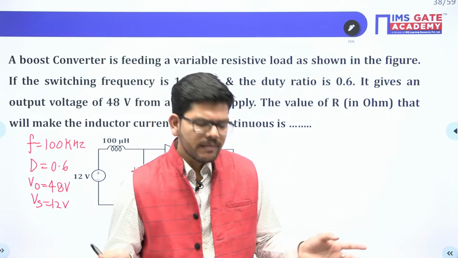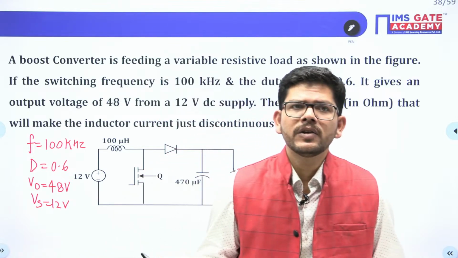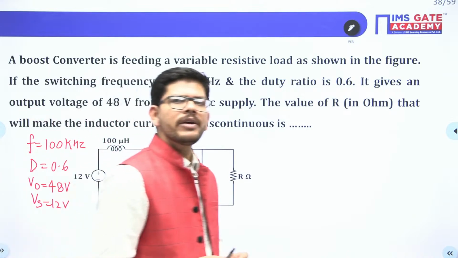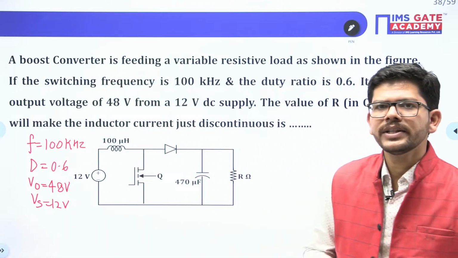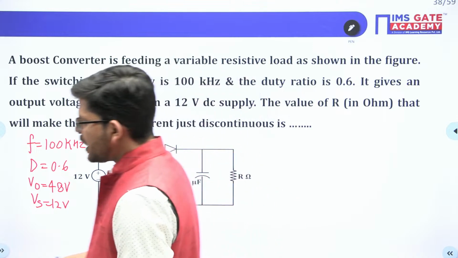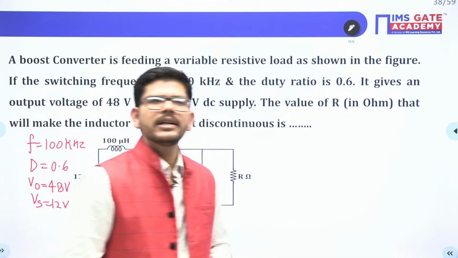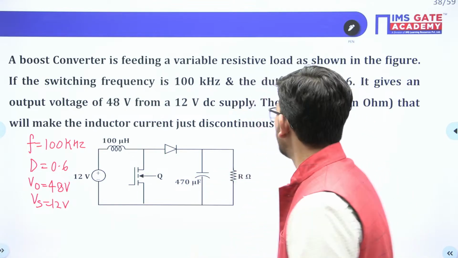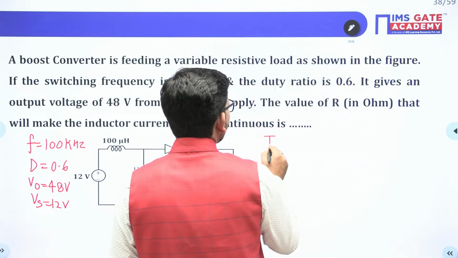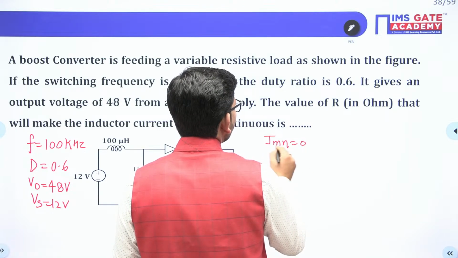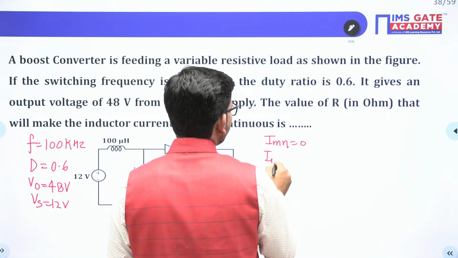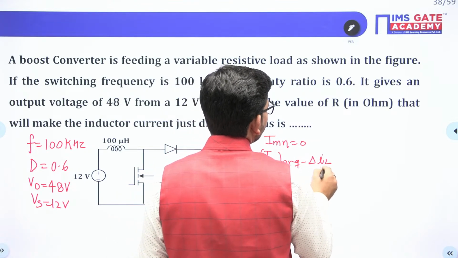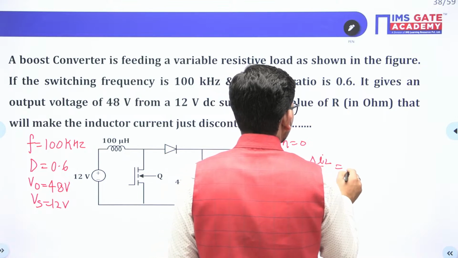Whenever it is given that the converter is operating at the boundary of continuous and discontinuous conduction, what we are doing is applying I minimum equal to 0. What is I minimum? I minimum is IL average minus del IL by 2. This is equal to 0.